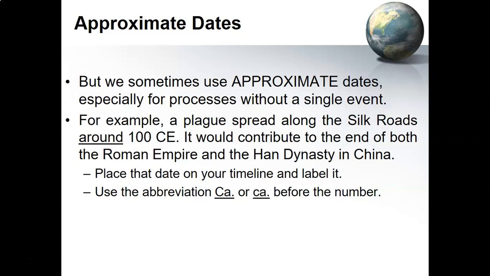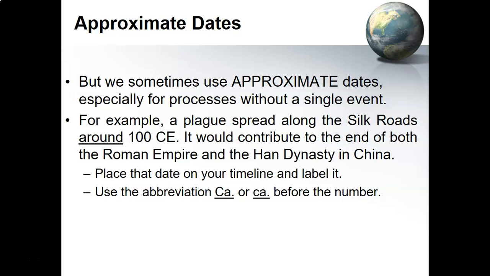CA is from a Latin word circa, which means around. Why don't we just say AR? I don't know, because it's been this way since before people were speaking primarily English. It means the same thing.